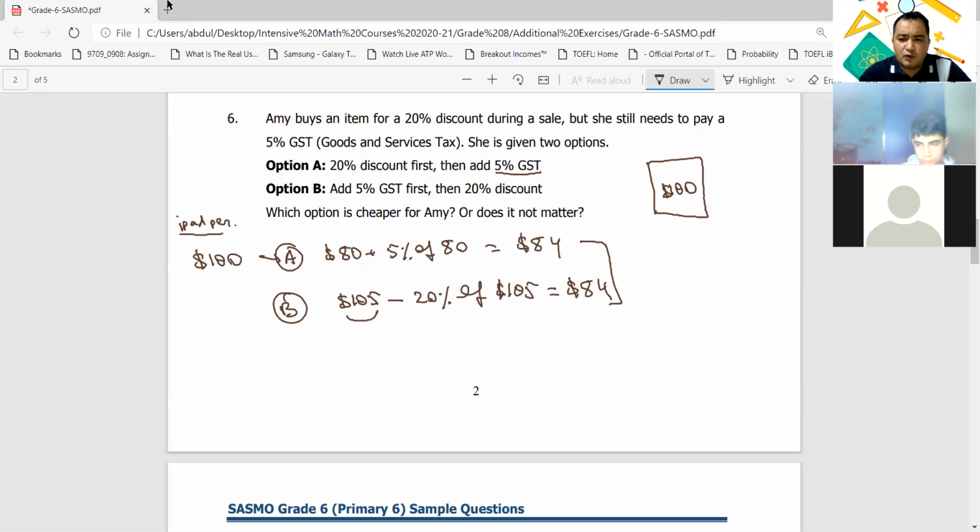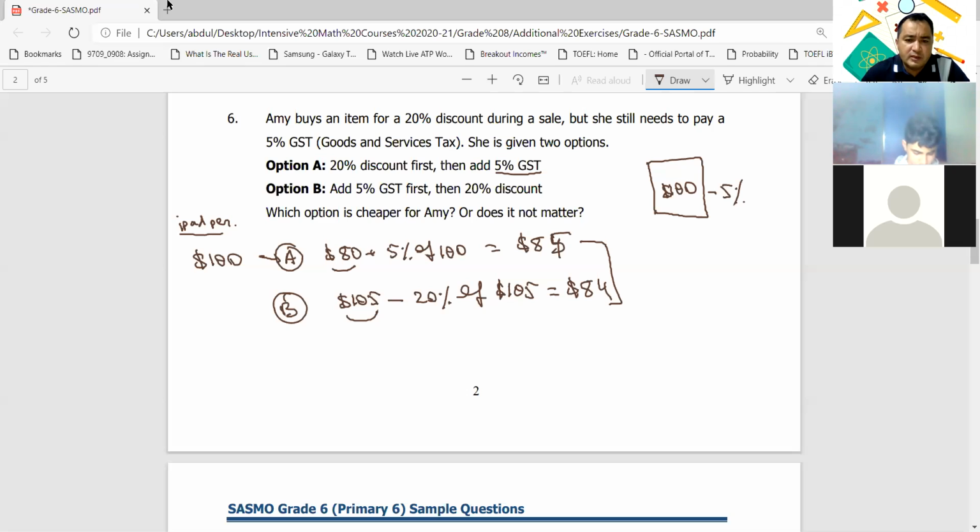Now you are going to pay 5% on this marked price as tax to the government. So even if you make a 20% discount, you are making discount on your item, not on the tax. So now you have to pay this 5% on $100. So here we have $100, which is equal to $85.